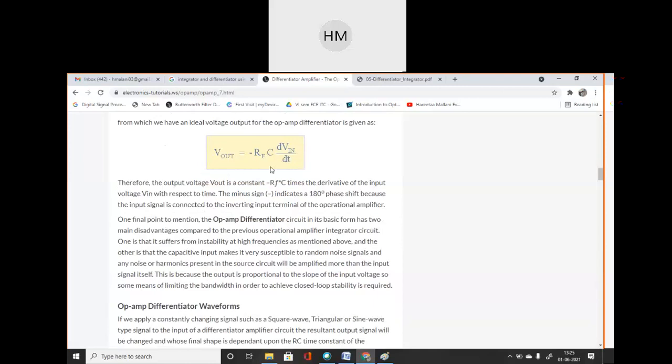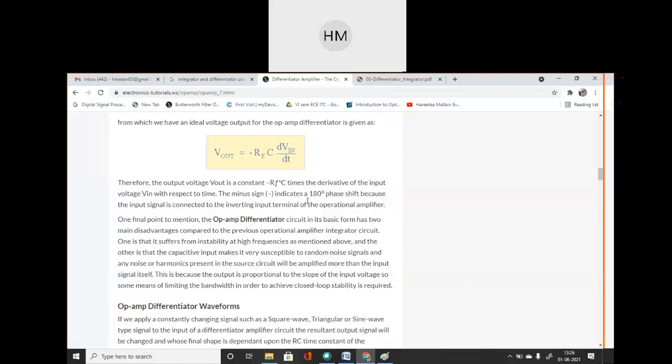You can see how nicely we have expressed that the differentiation of input voltage is my output voltage. Output voltage V out is a constant minus RF C times the derivative of the input voltage V in with respect to time. Minus sign indicates that a phase of 180 degree is changed.